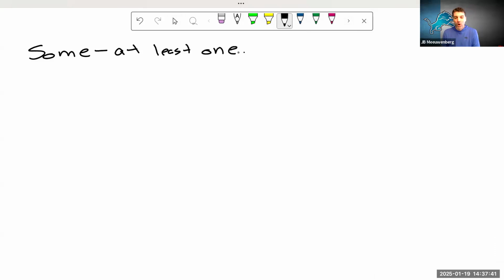It could mean many, but it means at least one. And so when we have a Venn diagram with at least one element and we're using two different sets, we're going to use a dot to show where we know there's at least one element if there's overlapping regions of two sets. So let's look at an example of what I mean here. Here's another situation.